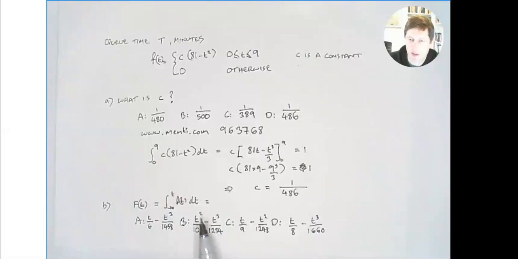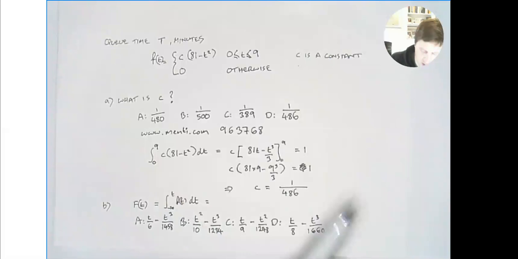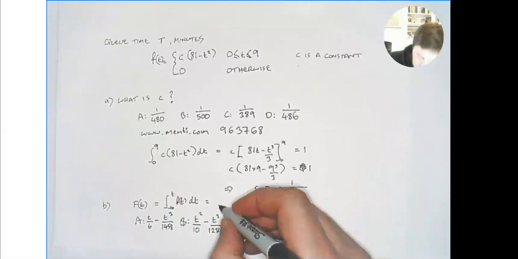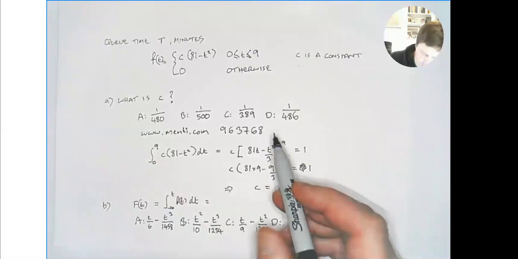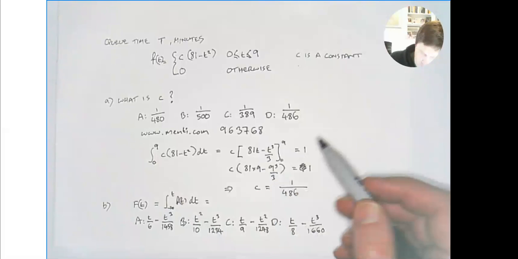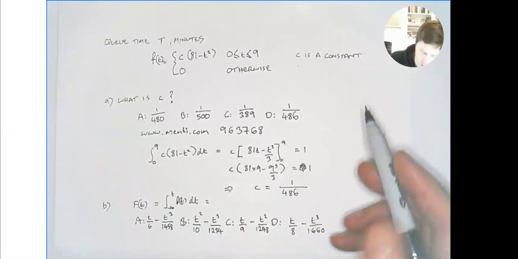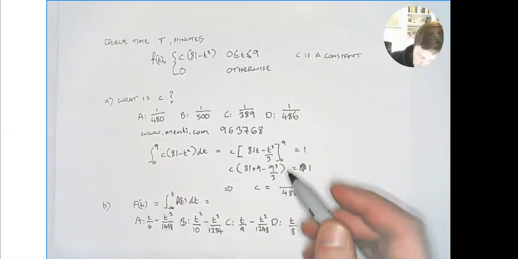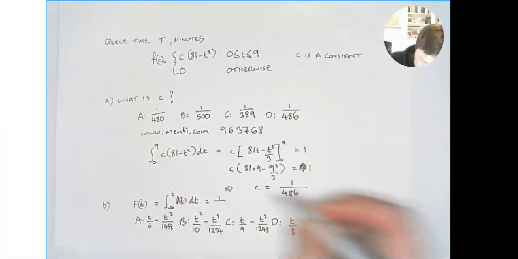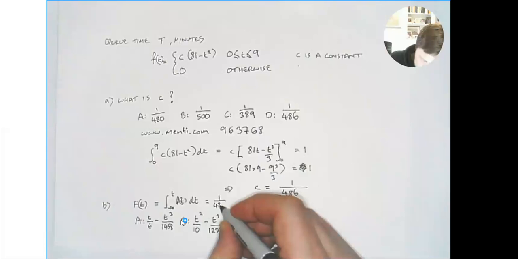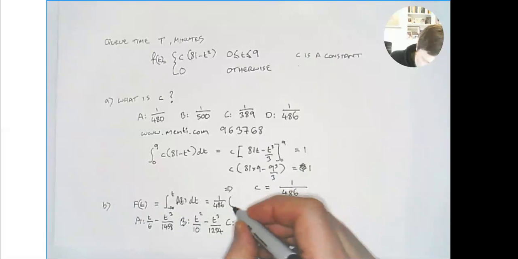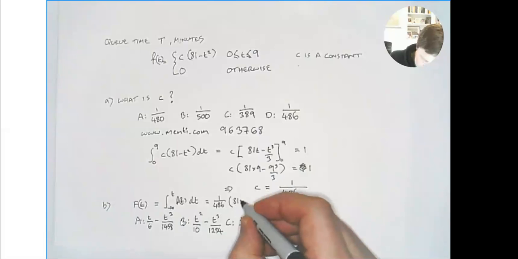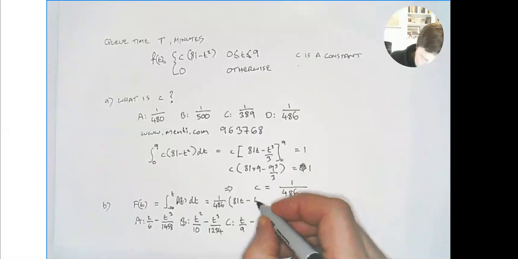And so obviously as this t tends to infinity, then this must tend to 1, because the cumulative probability of being somewhere within that space must be equal to 1. And so we integrate our function. We've done that once already, but instead of going from 0 to 9, we go from 0 to t. We've got our value of c, so it's 1 over 486 multiplied by 81t minus t cubed over 3.